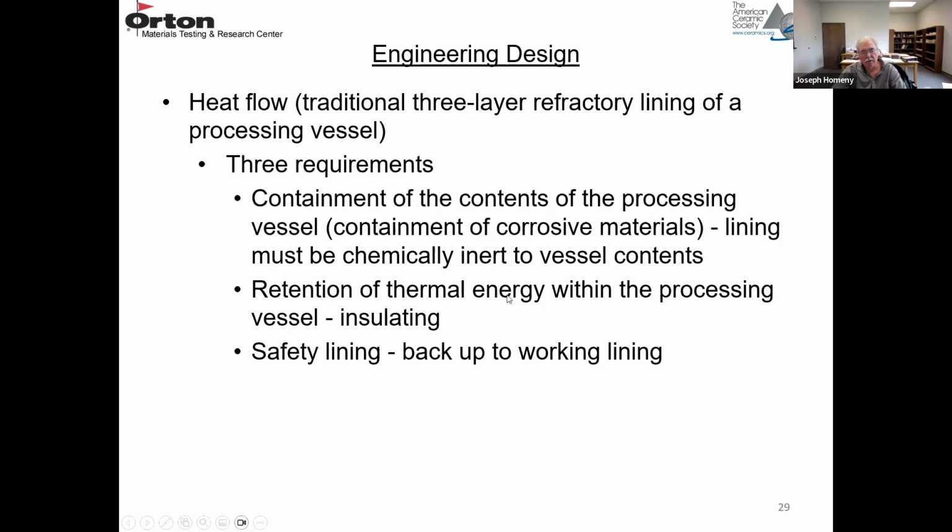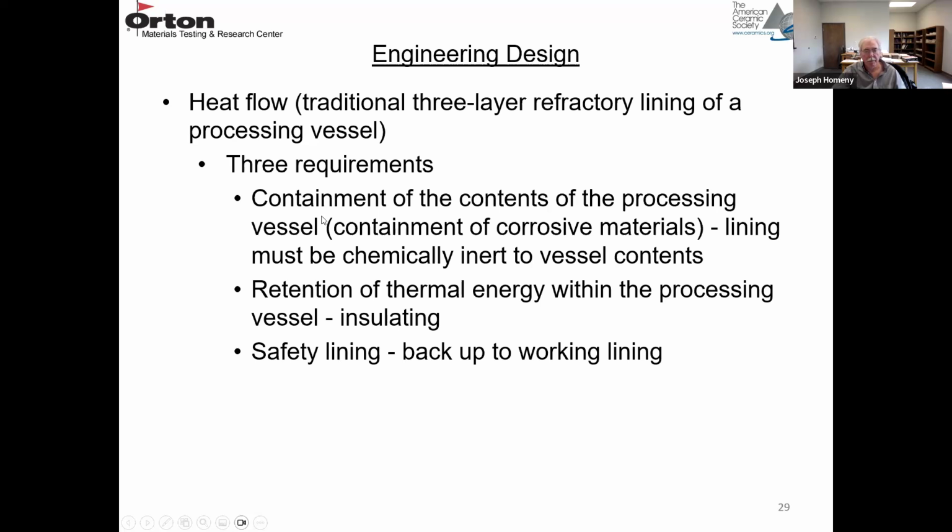You're concerned with retention of thermal energy in this vessel, so you have to have a backup insulation. And then a lot of vessels will have a safety lining. So that's the lining between the hot face lining and the cold face insulation lining.